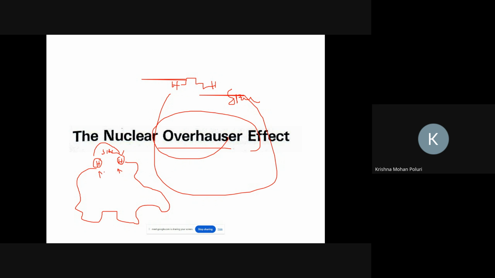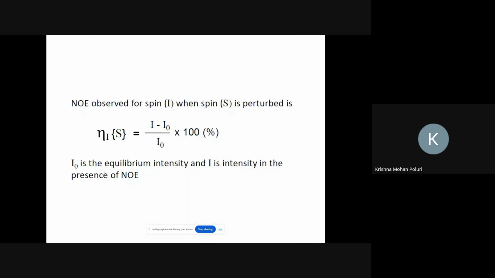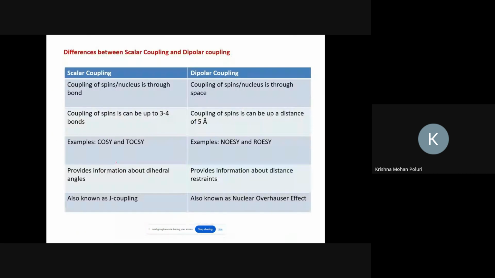So these dipoles talk through space, like your point charges, q1 q2 by r square or something. So if I have this proton and this proton, how do I know they are connected? If I perturb this one, if this fellow is perturbed, then they are connected through space. If not, then they are not connected through space.